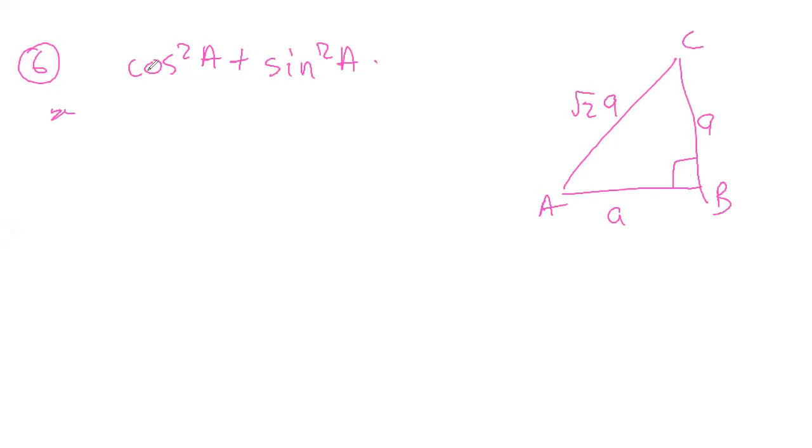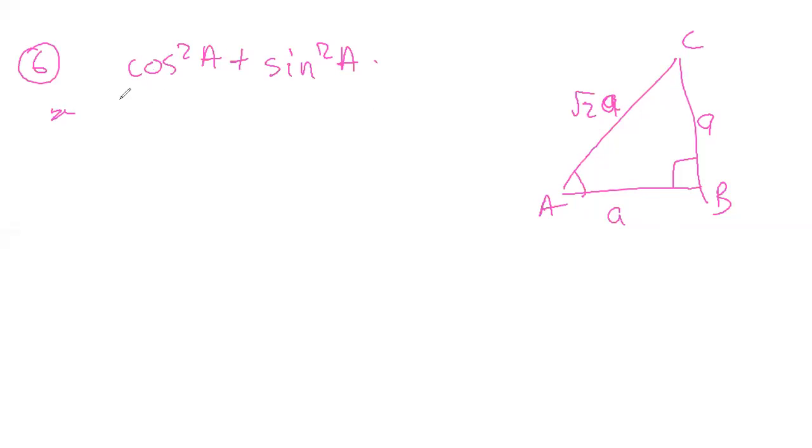So all we have to do is first find cos A, not cos square A. Cos A is equal to base upon hypotenuse, that is a upon root 2a. This is not P or 9, this is a. So with respect to angle A, find cos A, that is base upon hypotenuse. So our cos A is equal to 1 upon root 2.